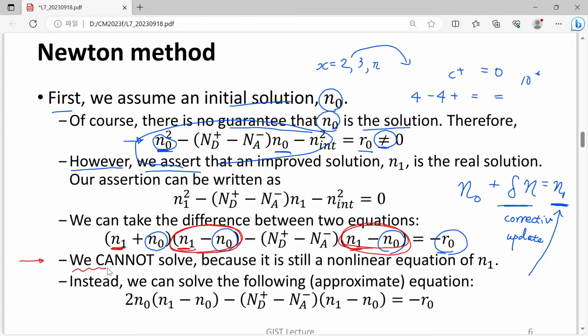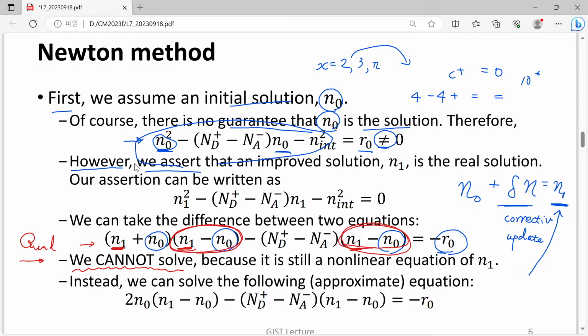We cannot solve the above equation because once again, here we have n1 and n1 again. This is once again a quadratic equation for n1. So if we can solve this equation, then actually we will solve just the original equation.